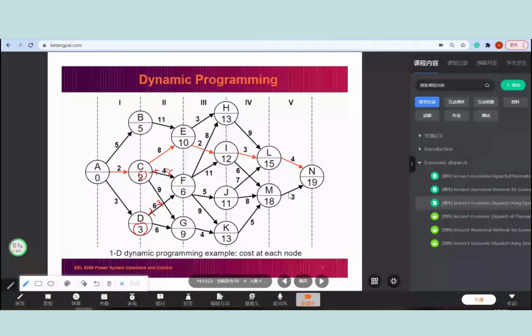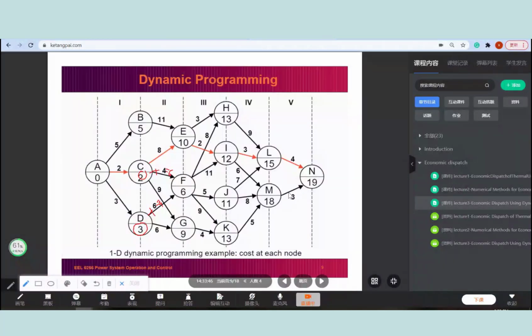Similarly, we calculate the stop G. You will find 2 plus 9, 11, 3 plus 6, 9. So this is better. D to G is better. So that means for point E, we have a solution ACE. For F, we have a solution ACF.